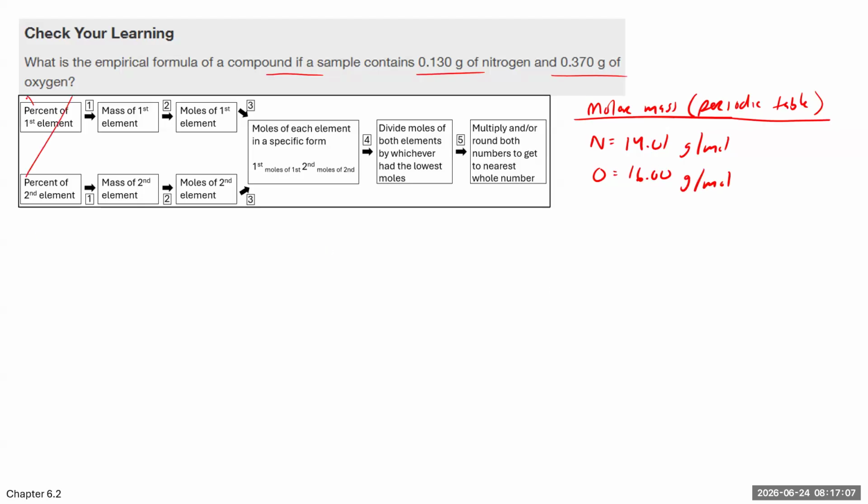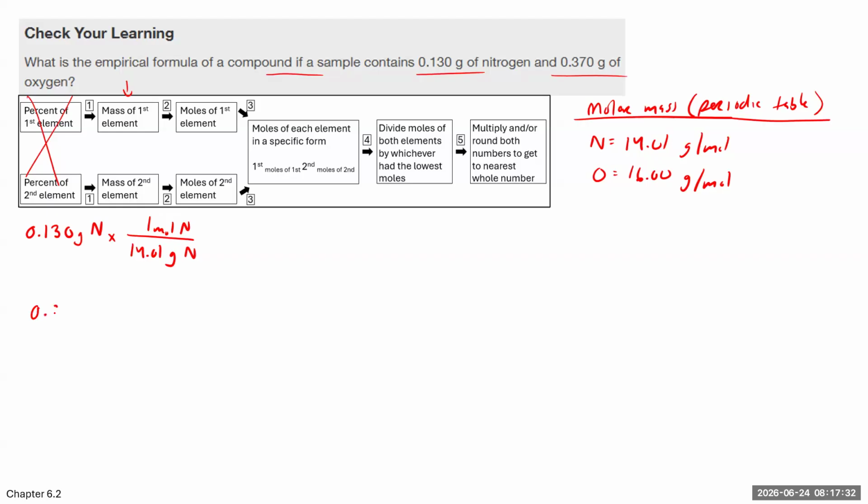All right, well, we're not starting with percent. We're starting with grams. So all we have to do is convert that now. So 0.130 grams of nitrogen times, right? Since grams are on top, we need grams on the bottom. So 14.01 grams of nitrogen to 1 mole of nitrogen.